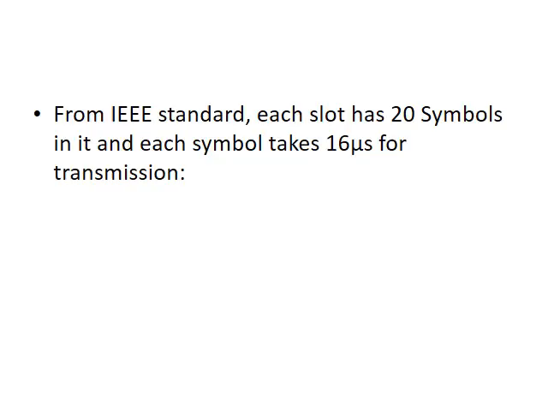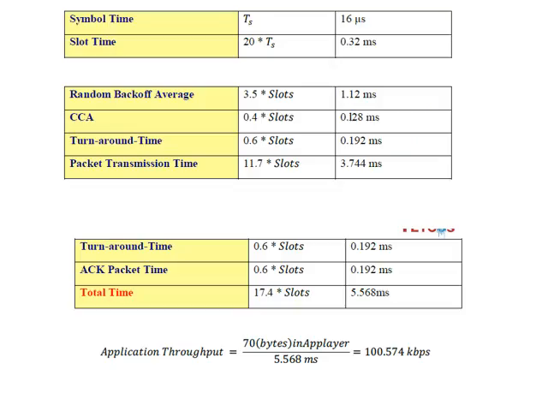From the IEEE standard, each slot has 20 symbols, and each symbol takes 16 microseconds for transmission. Therefore, these are how the parameters turn out to be. As discussed and decided, the symbol time is 16 microseconds, and the slot consists of 20 symbols, so the slot time is 20 symbol times.